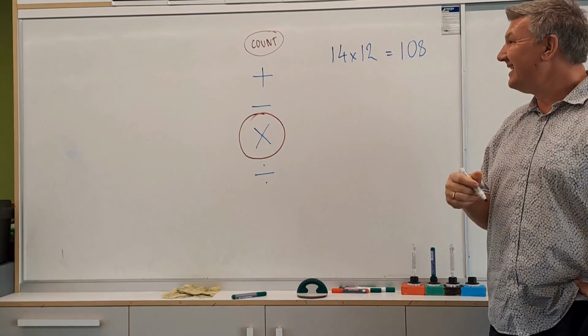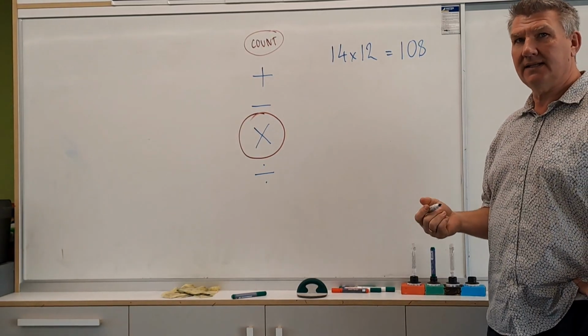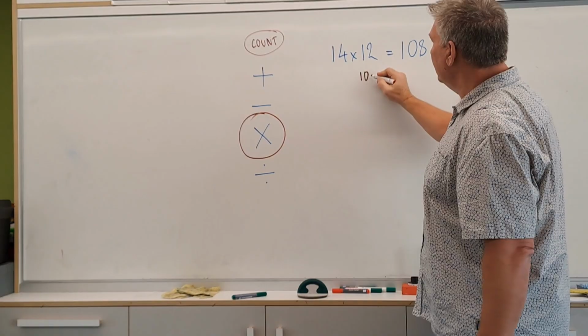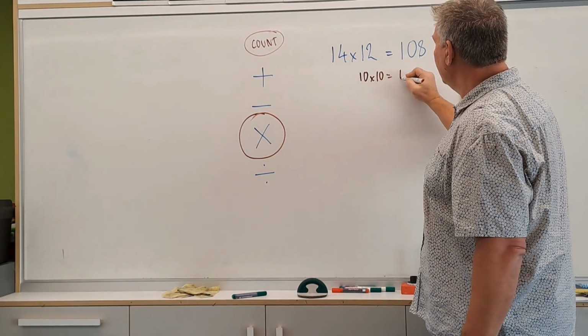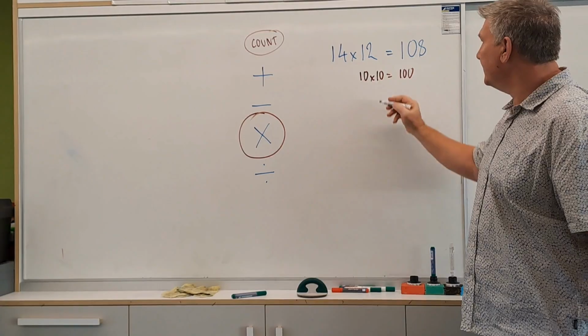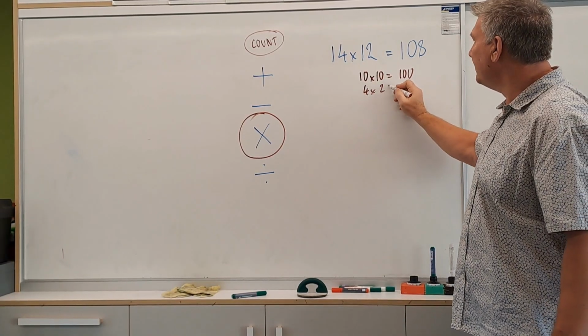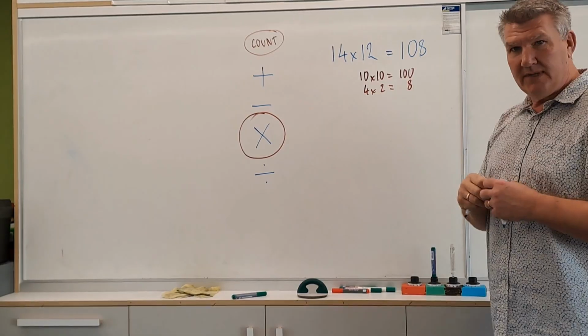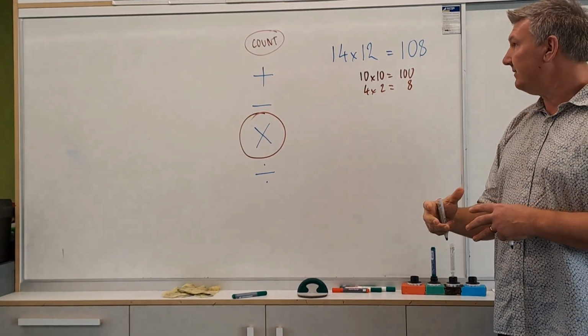Now, there is a logic to that answer, because they understand that there is a 10 multiplied by 10 component to the question, which is worth 100, and they understand that there is a 4 multiplied by 2, which is 8, hence the 108. But they've missed out on the full picture, which I'm going to try and describe.